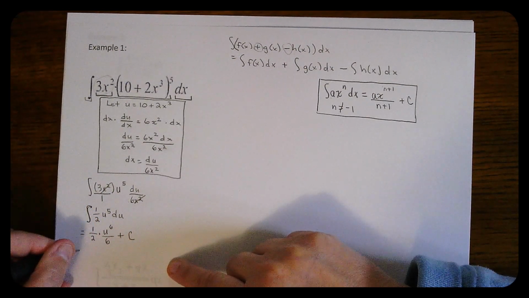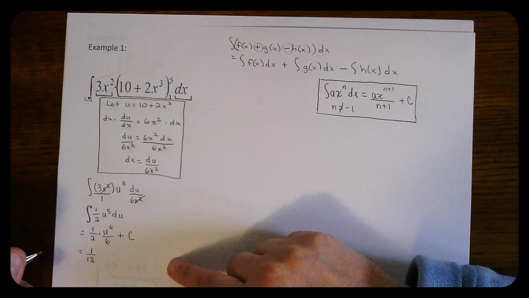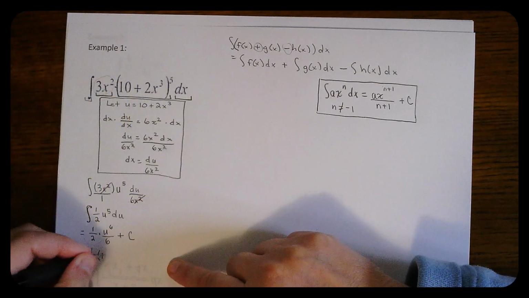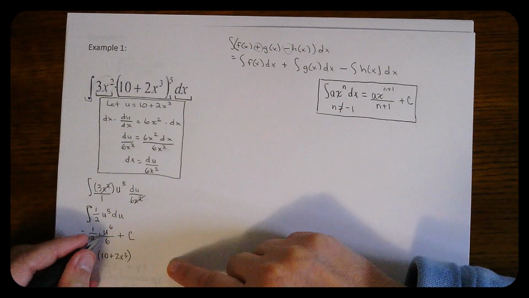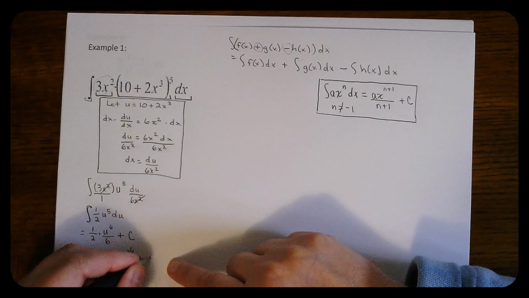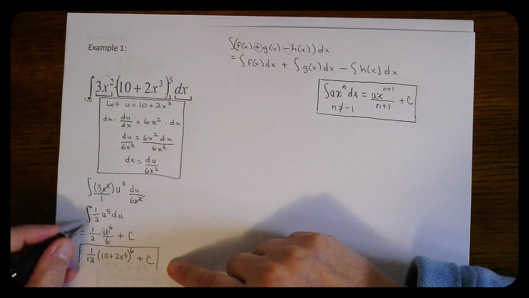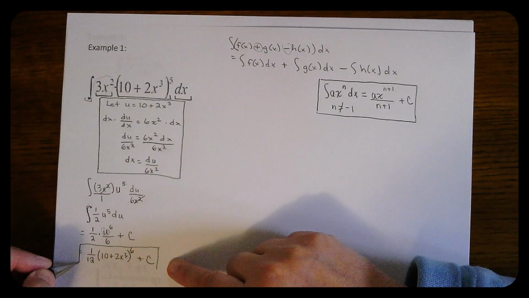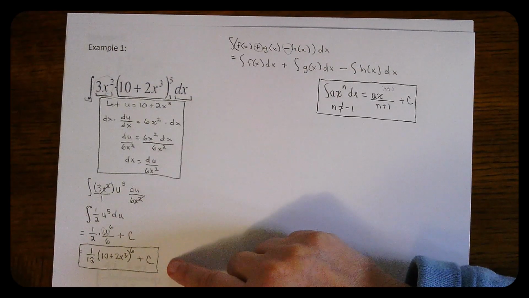After you take the antiderivative, you can multiply 1/2 times 1/6, and the very last step is to put this u, which was 10 plus 2x cubed, back in to the 6 plus c, and you're done. Sometimes people put that u back in too early. Remember, the whole point was to take the antiderivative of an easy term, and then you put the u back in after you take the antiderivative.